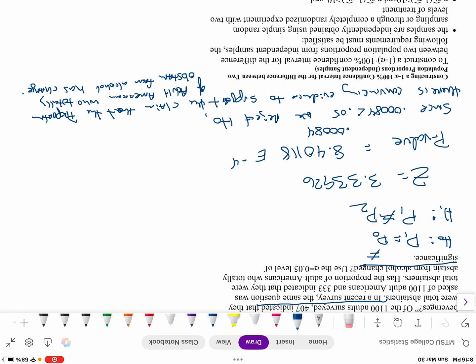Remember, they didn't say it increased or decreased, they said it has changed. So we have evidence that it has changed because our p-value is less than the alpha.